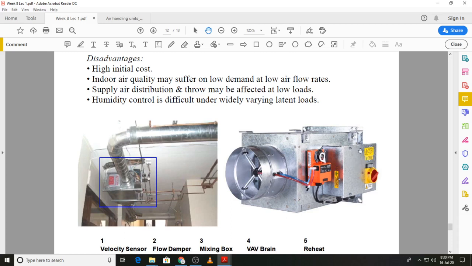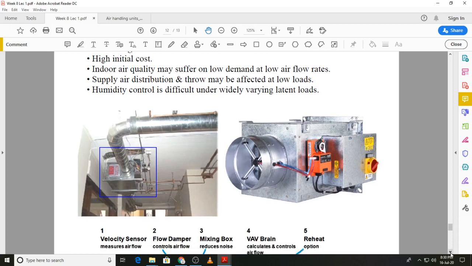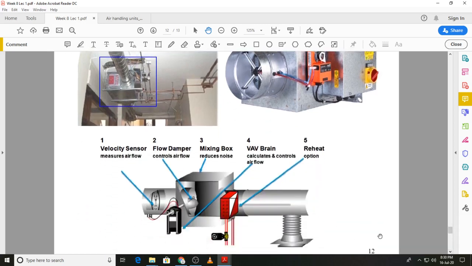This is the control system over here, and we are going to look at a labeled schematic of the same. You have the velocity sensor, and you will have a flow damper which can open and close to increase or decrease the volume flow rate going into the conditioned space, and this box is primarily to reduce the noise as the air passes through this damper.